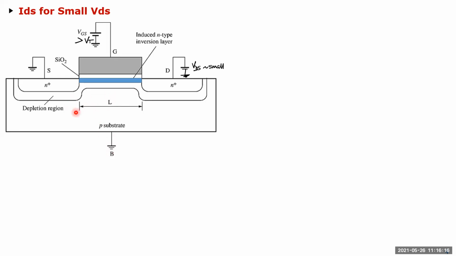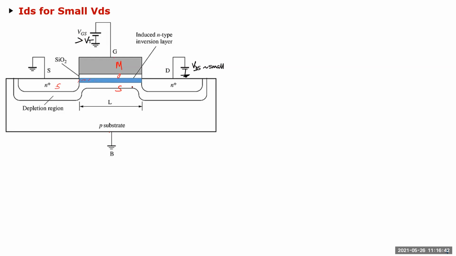So first, let's look at this case. We went into a detailed derivation saying that this is your MOS structure, your metal oxide semiconductor structure. And we said if the gate to substrate voltage, which is the same as the source voltage here, is greater than some value VT, you have this channel formed, right?